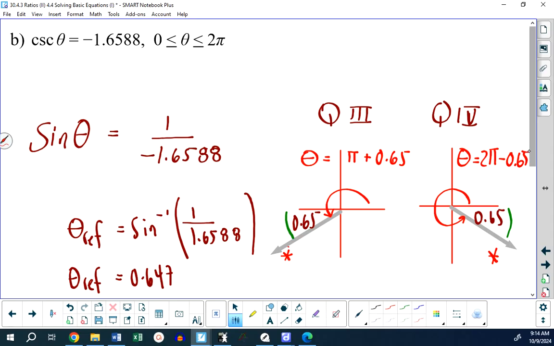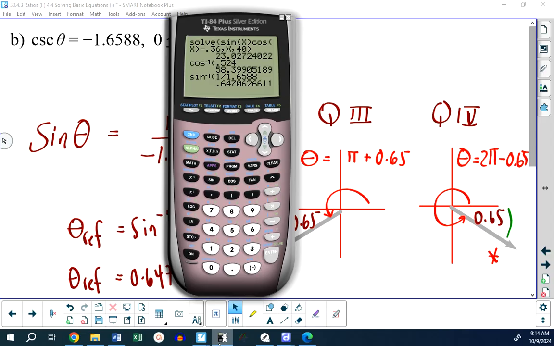I think we were asked to the nearest decimal, right? So we have to take pi plus 0.647. And what do we get? Let's just add pi. You get about 3.8.